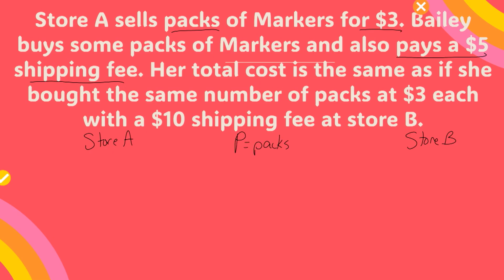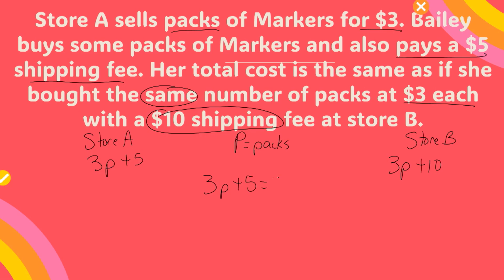So we have $3 per pack plus a $5 fee for shipping. And then at store B, we've got $3 each, but we've got $10 shipping. So I've got $3 per pack plus 10. So if I said it's the same, that's the same as using an equal sign.